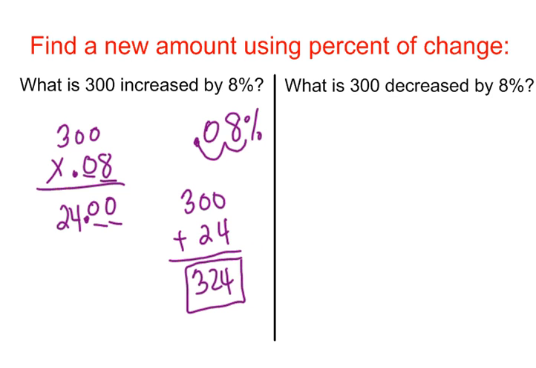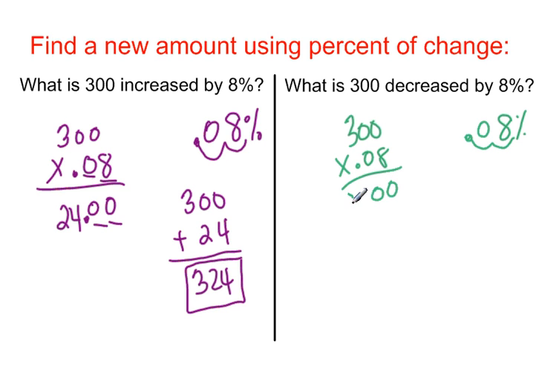Over here on this other side, what is 300 decreased by 8%? It would look exactly the same. First, I need to change 8% into a decimal. Then I would need to do 300 times 0.08 and put the decimal in.